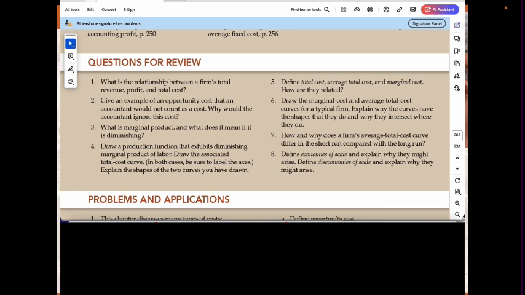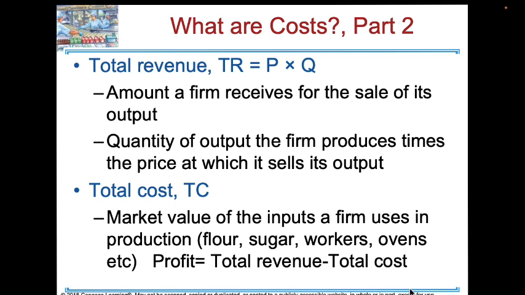This is stuff that we have already seen, so we'll try to keep it to the bare minimum. So what is total revenue? Recall that before coming to this chapter, we've covered the demand and supply model, which is a relationship between prices and how much quantity is being demanded and supplied. Total revenue is what the firm receives after the sale of its product.